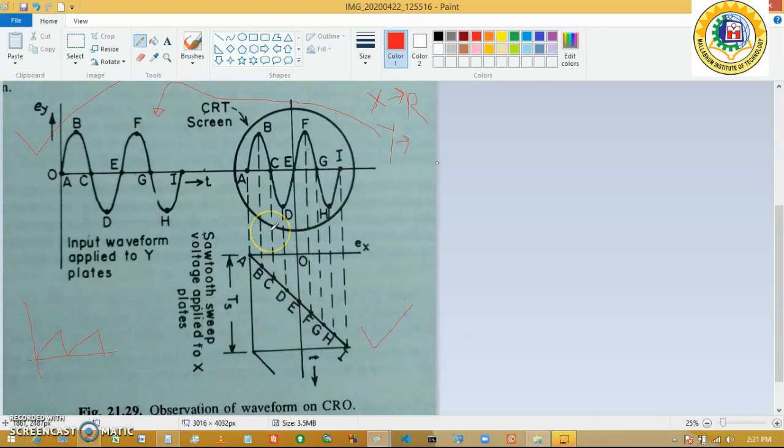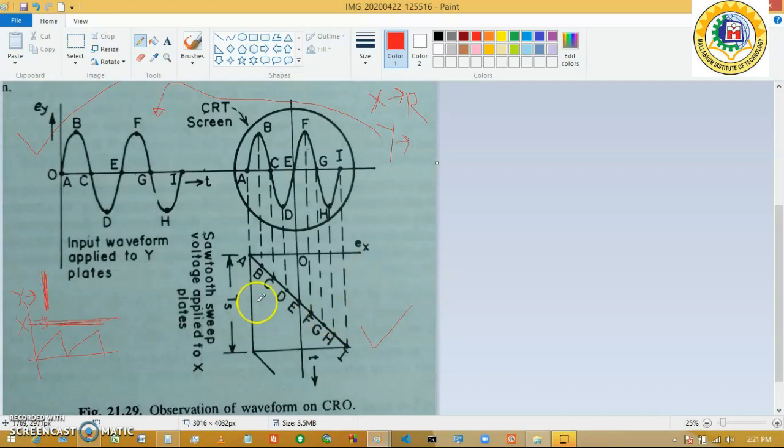Now what happens, or how is the waveform being generated in the CRO? Now I have said that in the CRO there is Y deflection plate and X deflection plate. Now electron beam is being deflected by these two deflecting plates. X deflecting plate is responsible for deflecting the electron horizontally like this, and Y deflecting plate is responsible for moving the electron vertically like that.